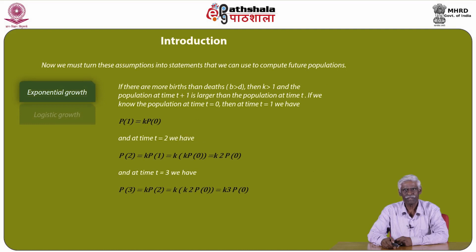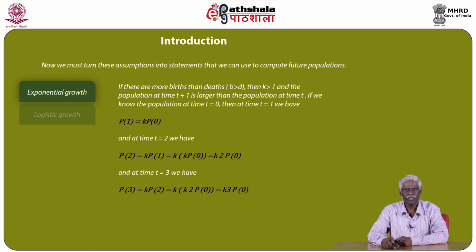If there are more births than deaths, that is b greater than d, then k is greater than 1 and the population at time t plus 1 is larger than the population at time t. If we know the population at time t equals 0, then at time t equals 1, we have P(1) is equal to k P(0).